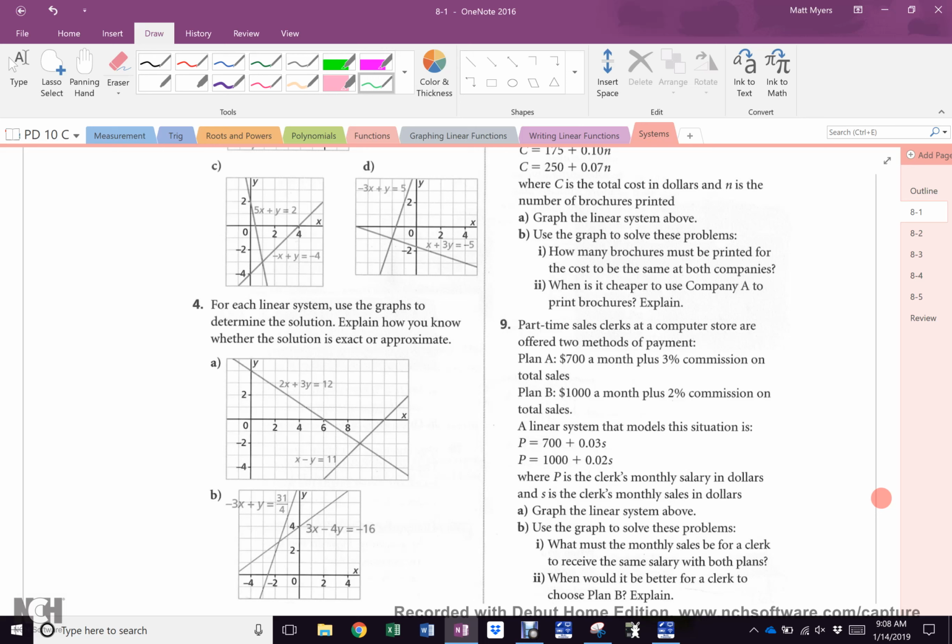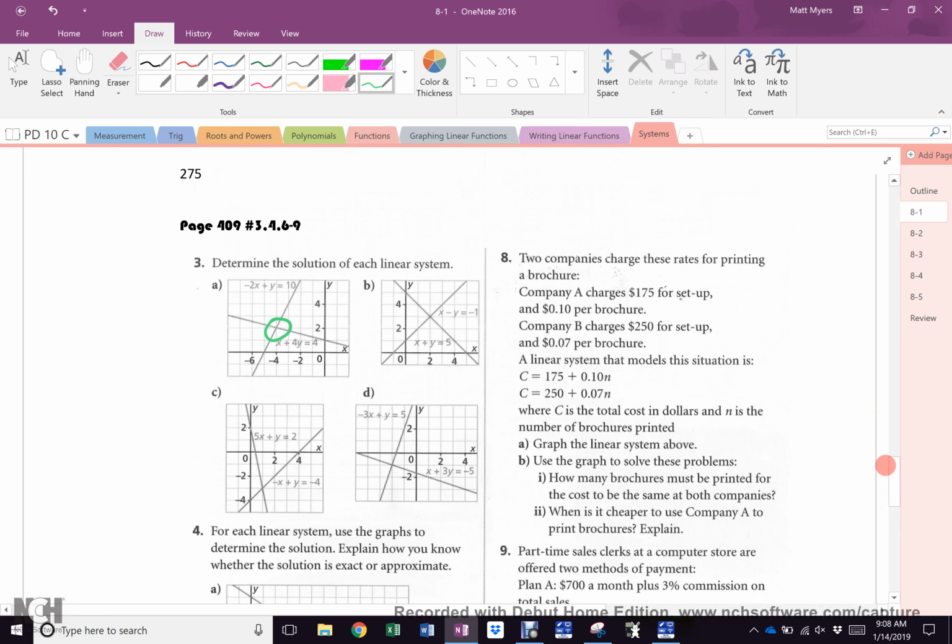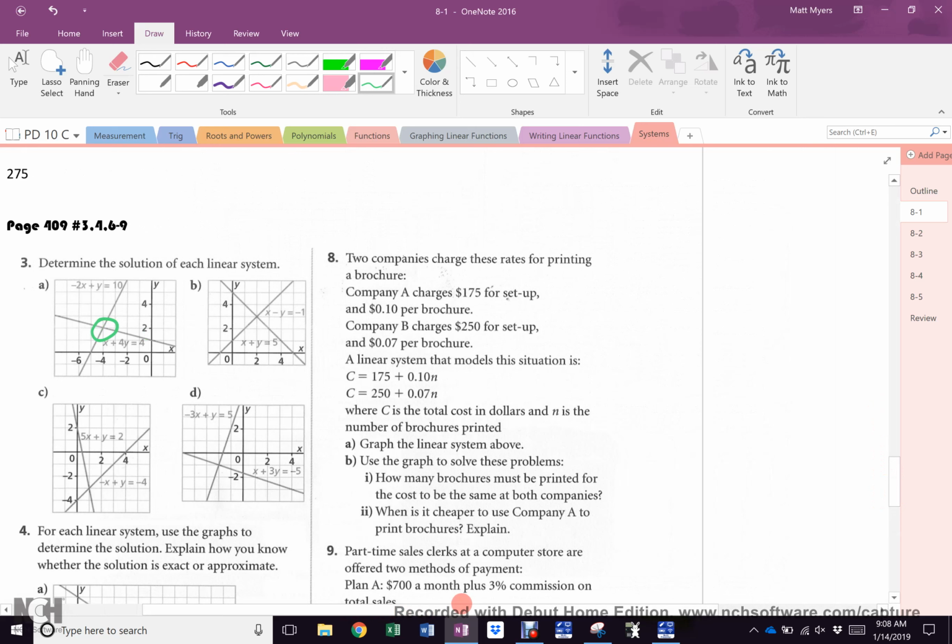All right. Now, I want you to look at number 8 and tell me why it would be a pain in the butt to tell me the solution. It's got a decimal. Super pain to graph, right? Because what does that say the slope is right there? 0.1. So I got to go up 0.1 for every one I go to the right.